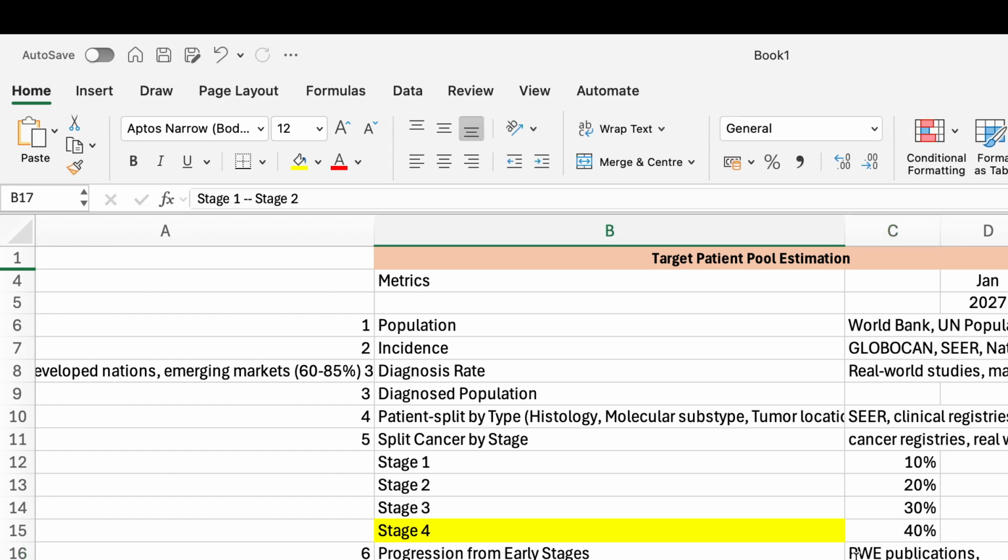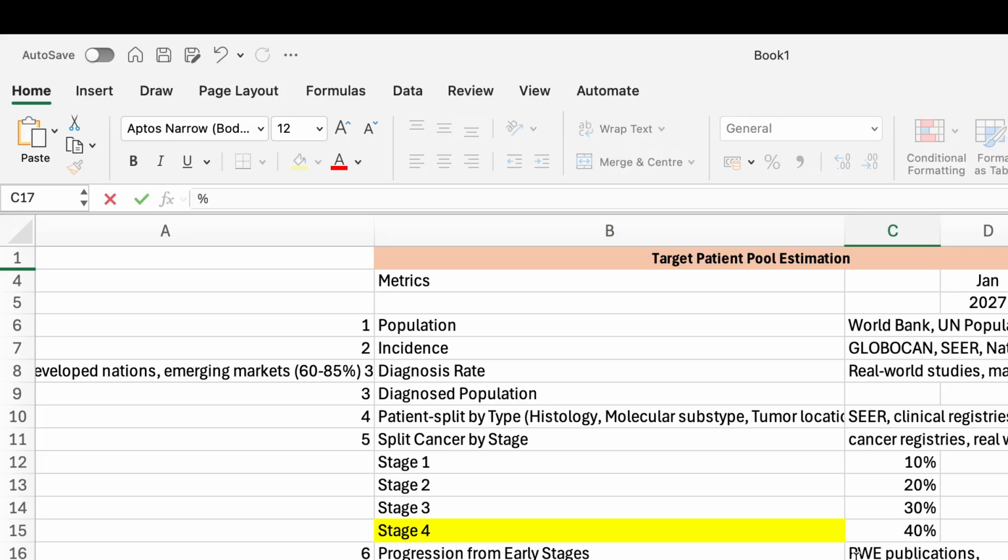But how do we check how many patients are progressing from one stage to another? We basically apply progression rate percentage, and then we also check something like time lag in years. This basically gives us the recurrent or progressed stage for patients, I would say.